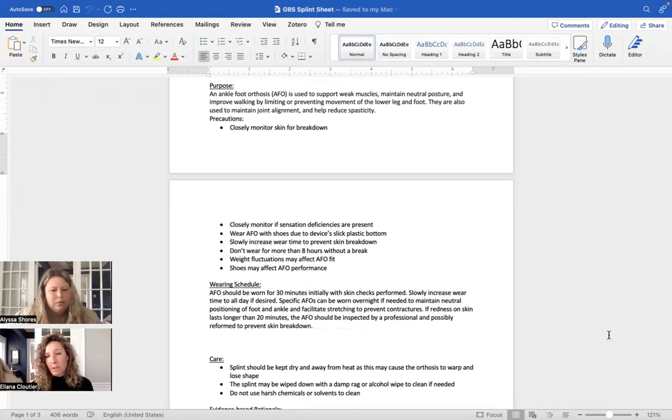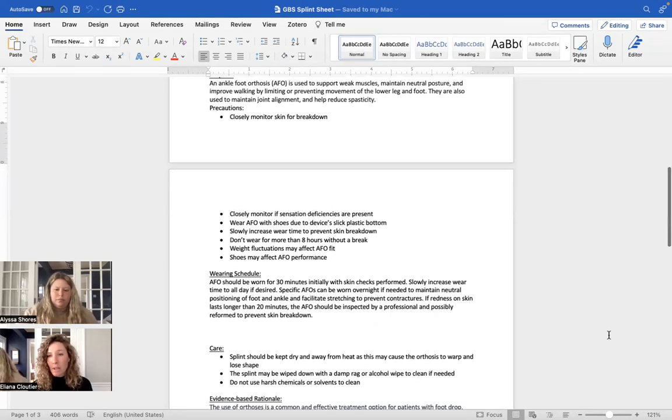Another thing is weight fluctuations. Due to their GBS, they may have a weight gain, and it's really important to monitor this because the AFO made specifically for them may no longer fit. Initially, put the orthosis on for about 30 minutes, do skin checks, and then increase the time slowly.